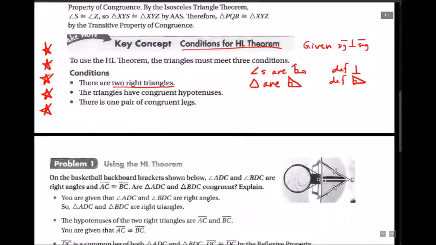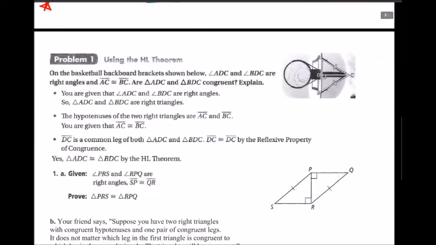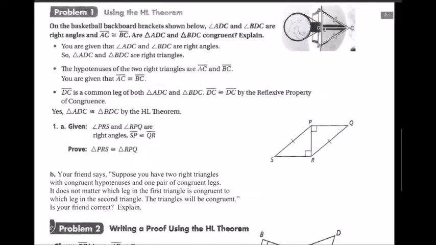Because if our angles are right angles, then we have right triangles. So this is what it's going to look like in your proof. This is one of those multi-step parts. And then we must have congruent hypotenuses and congruent legs. Doesn't matter which leg. So very important here.